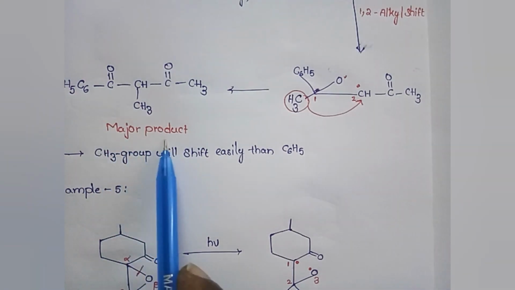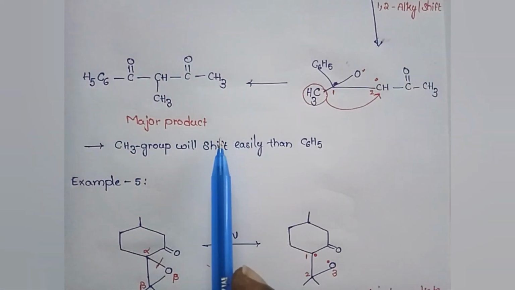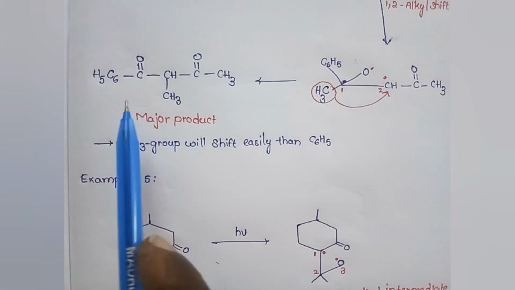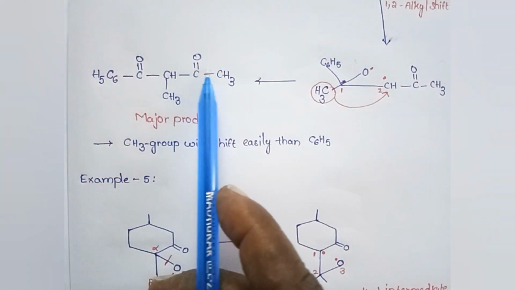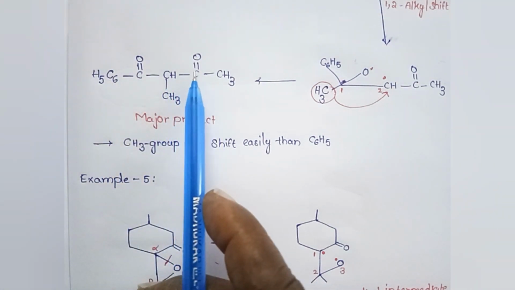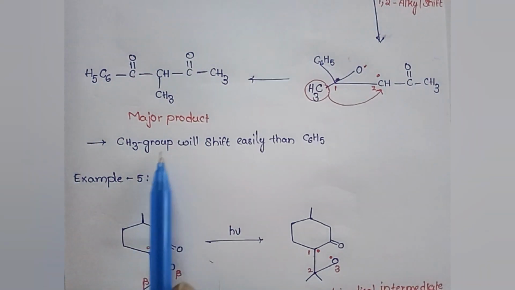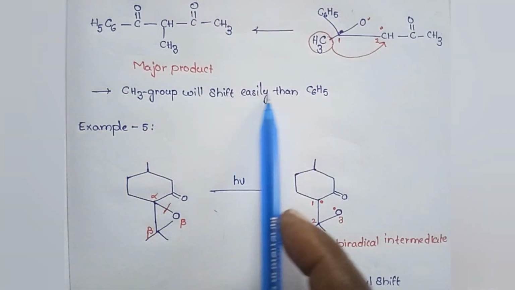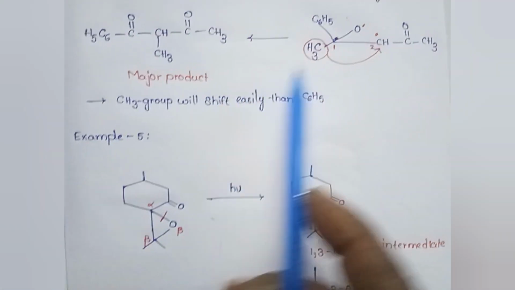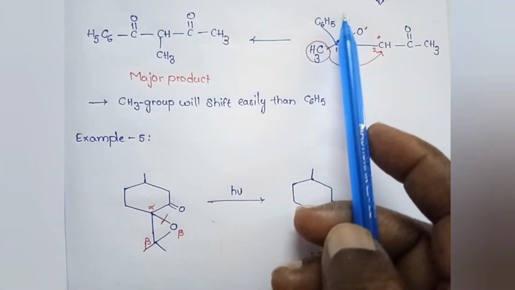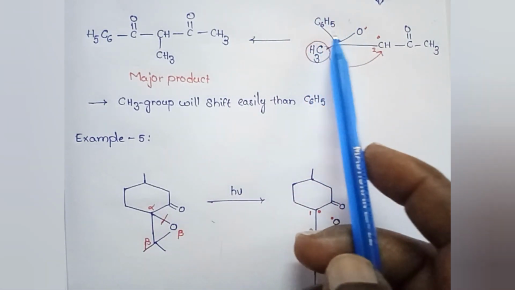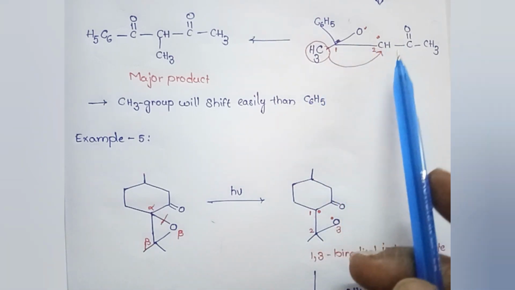So this is the only product and this is the major product, although it has no alternating double bonds. So the CH3 group will shift more easily than C6H5. The phenyl group doesn't shift, only the methyl group shifts.